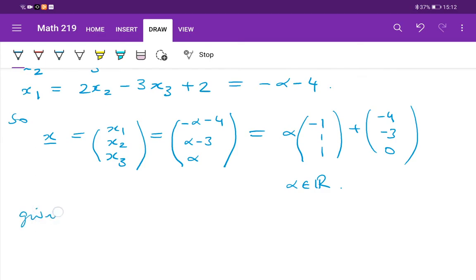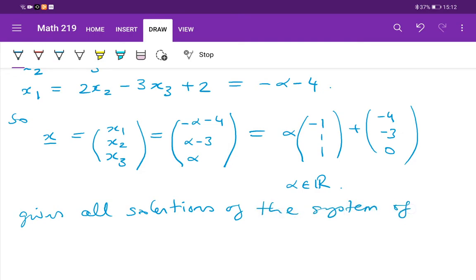This gives all solutions of the system of equations with our choice of b1 equals 2, b2 equals 1, and b3 equals minus 5.